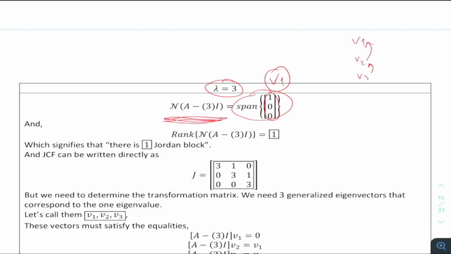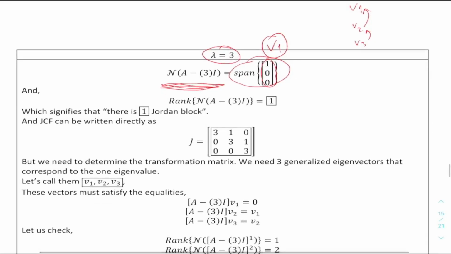Okay, so let's check this, and this is 1, which signifies that there is one Jordan block, and this information immediately allows us to conclude the Jordan canonical form is in that form, but we still need to compute the transformation matrix.